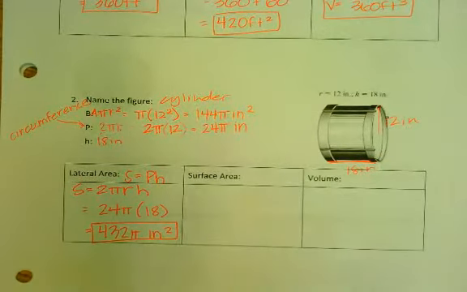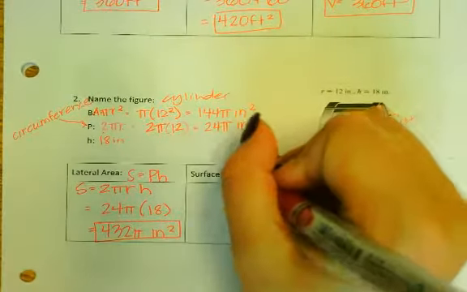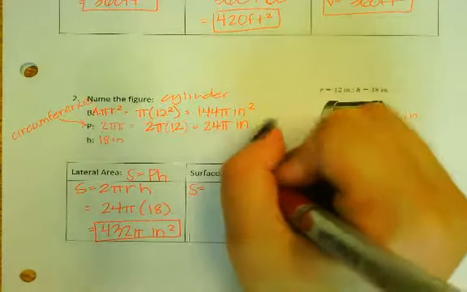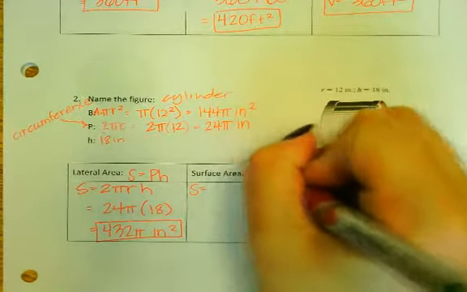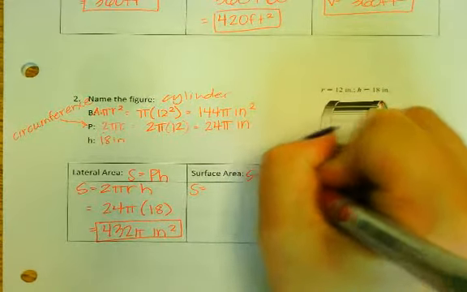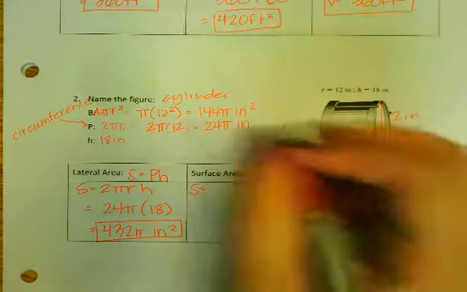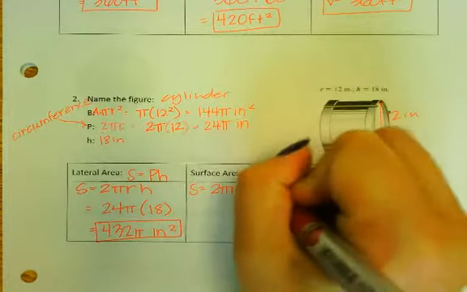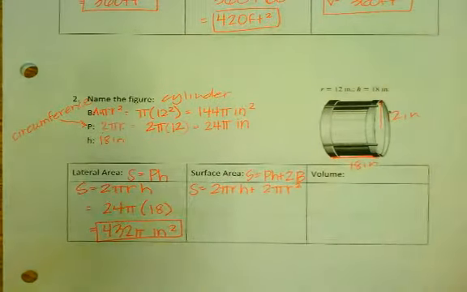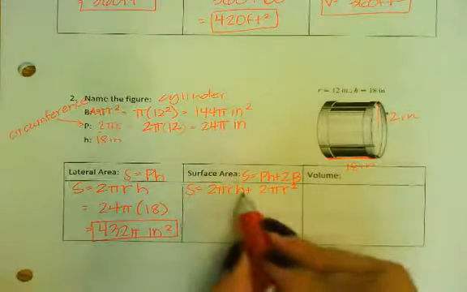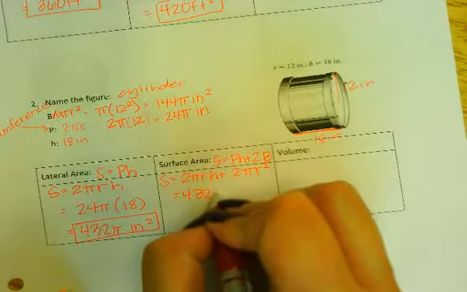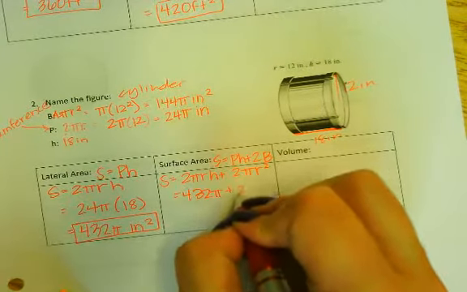Okay, how do you find surface area? So you have PH plus 2B, so you have 2 pi rh plus 2 pi r squared. Okay, we know 2 pi rh is 432 pi, plus 2 pi r squared, we know that that's 288 pi.